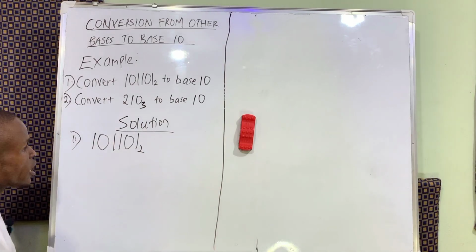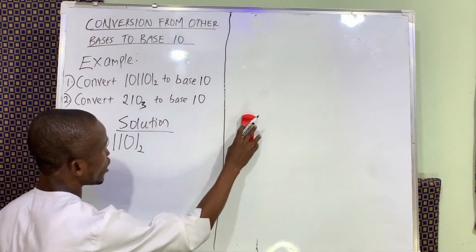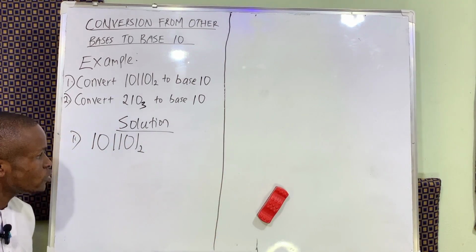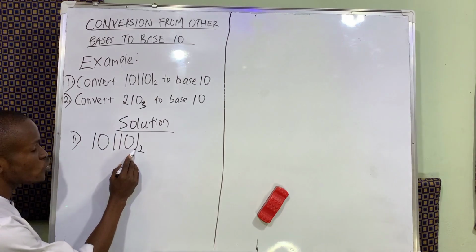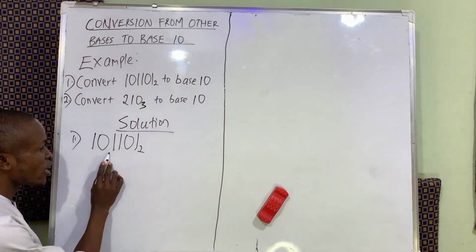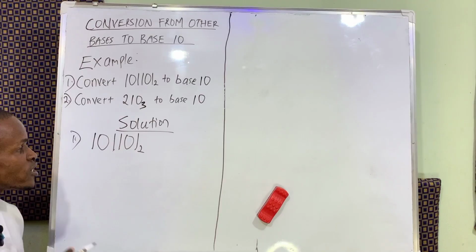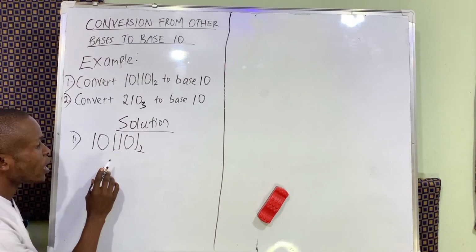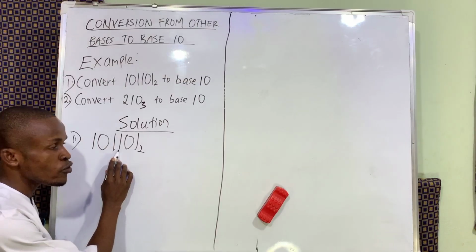From our knowledge of place value, we have the units, the tens, the hundreds, and so on. So the first number here indicates units. The next number indicates tens, hundreds, thousands, and so on. So we are going to attach 0 for the unit, 1 for the tens, 2 for the hundreds, and so on.